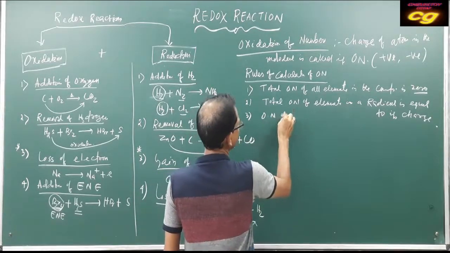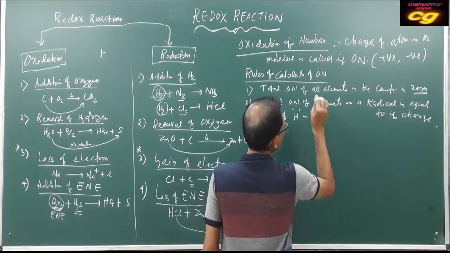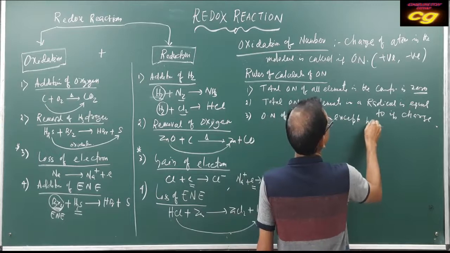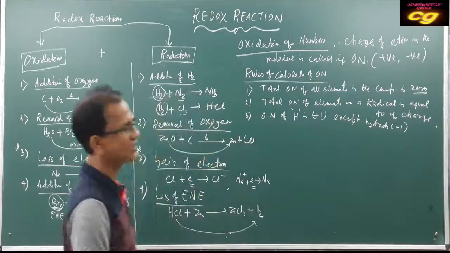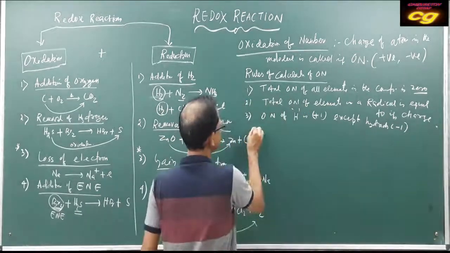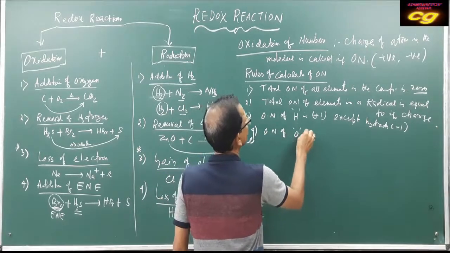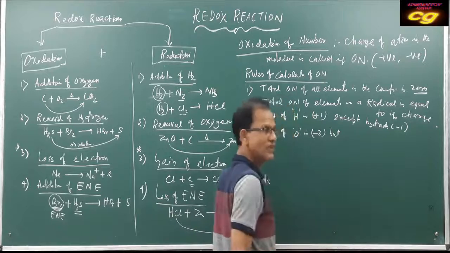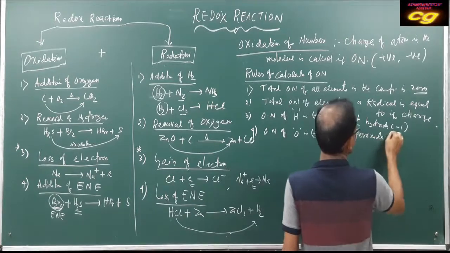Oxidation number of hydrogen is +1 except in hydrides, where it is -1.